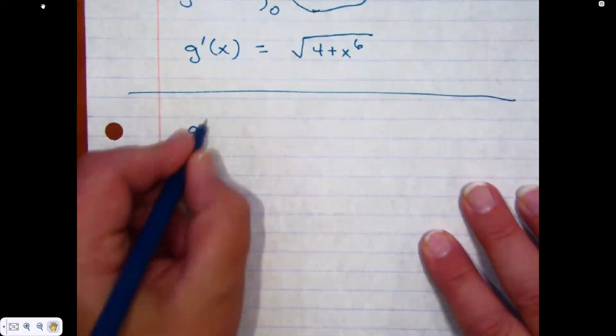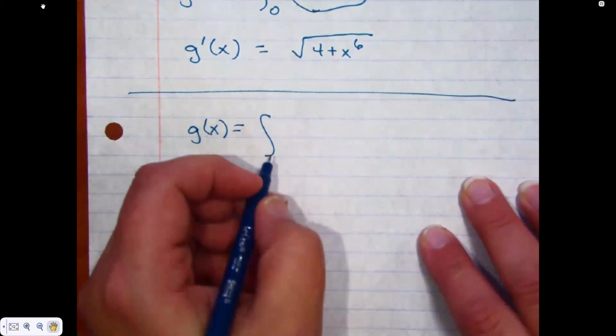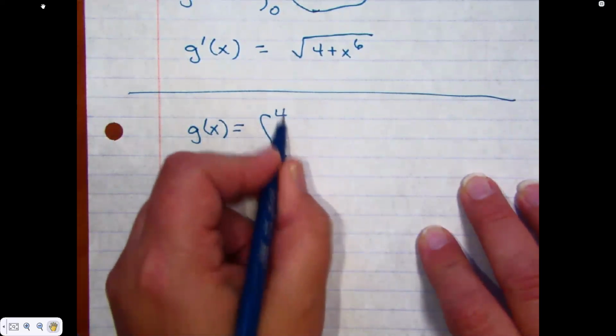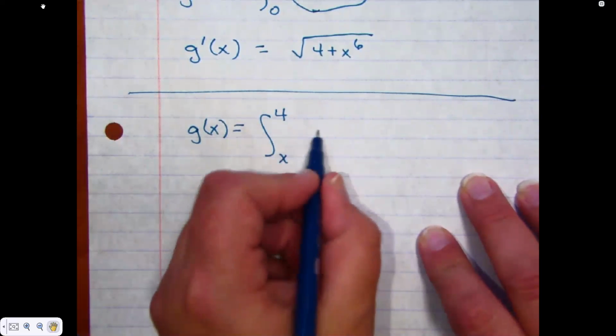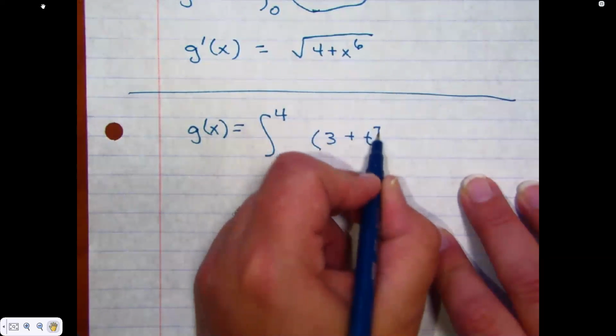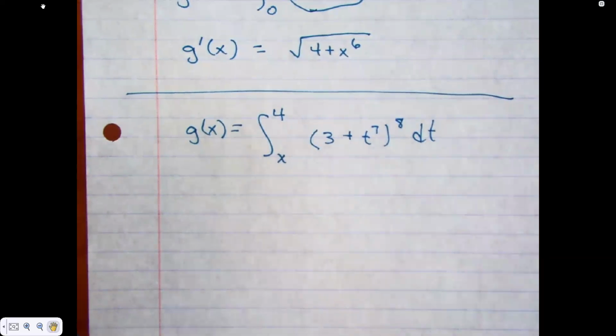G of x equals the integral from x to 4 of 3 plus t to the 7th and then to the 8th power dt. So what's different about this one? When you go to your homework, just make sure you check this.